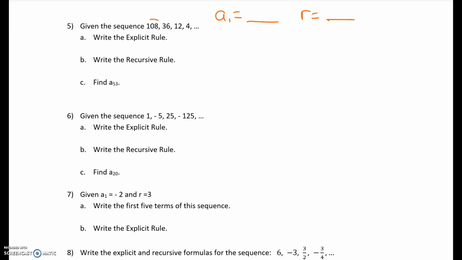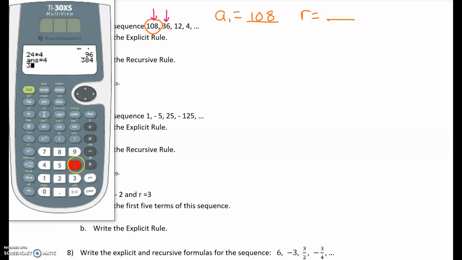So what is our first term? 108. What is our common ratio? Now on this one, it might not be as easy, so let's go back to that rule where we take the second number and we divide it by the first number. So I need to do 36 divided by 108. Grab your calculator and do it. 36 divided by 108, and you're going to get 0.33333.